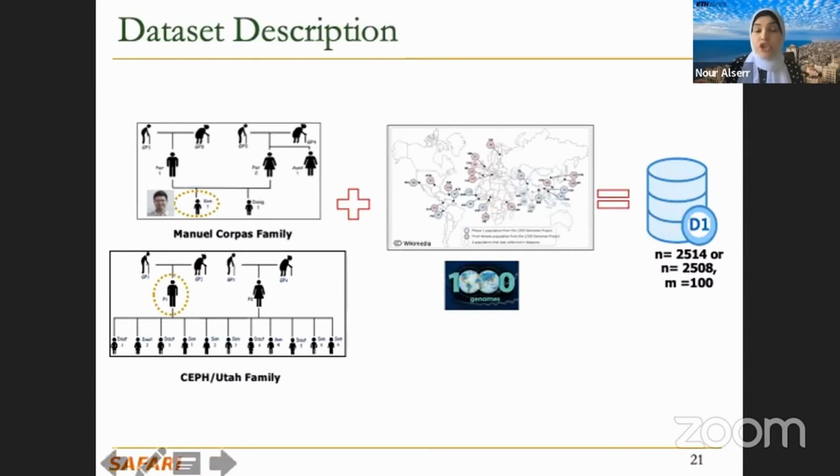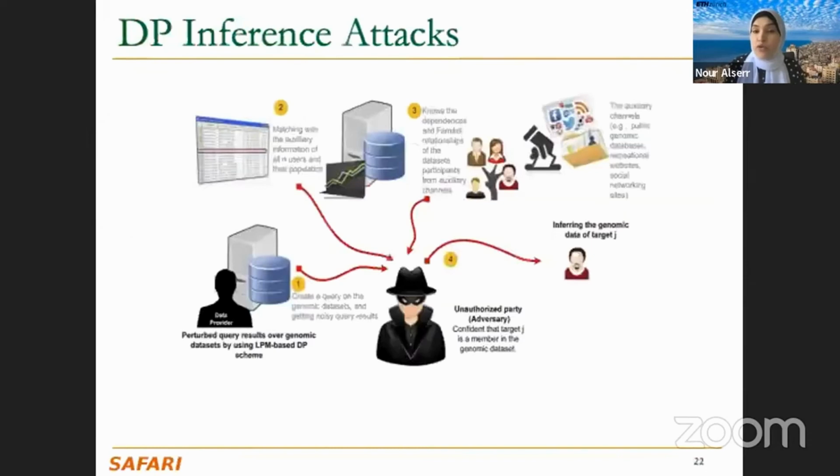He shared the genomic data of himself and some of his family members to empower scientific research of genomic data and also biomedical research. We have another family, which is the Utah family. We have the data for the parents, the grandparents, and 11 siblings. So we are using these data sets for our attacks and also for our mitigation.